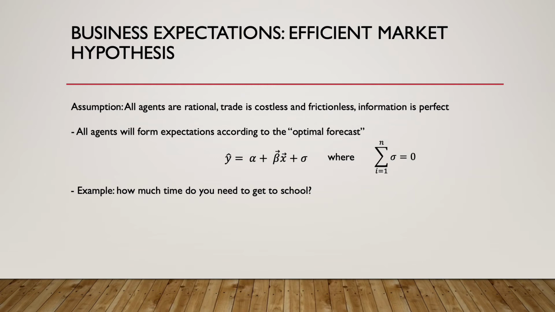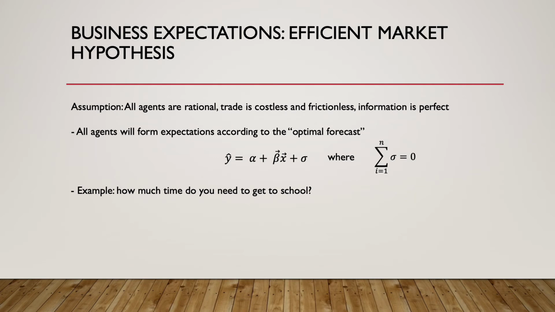And then our sigma there will be our errors, if you will. Now, the optimal forecast is this standard equation where it is true that the sum of our errors is equal to 0.